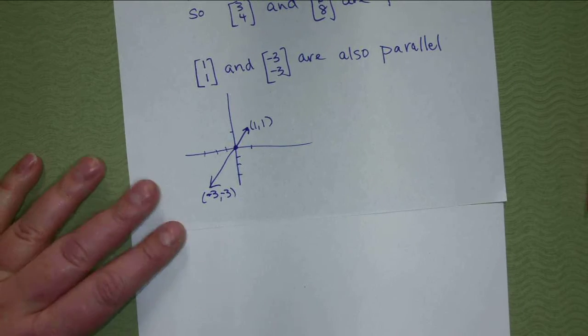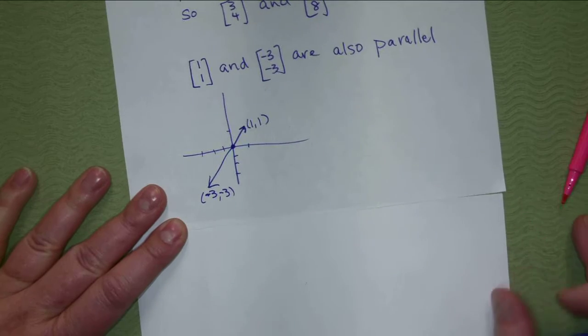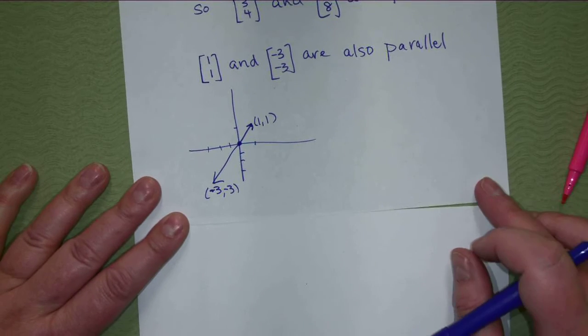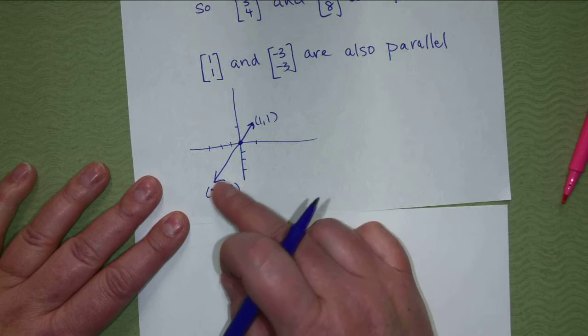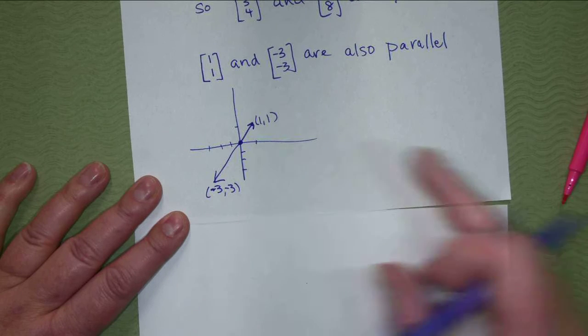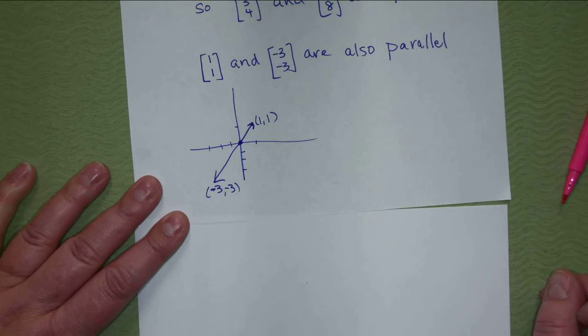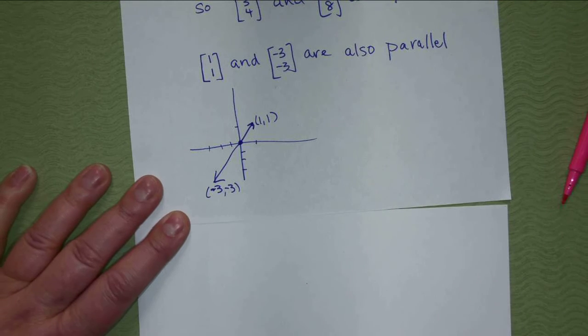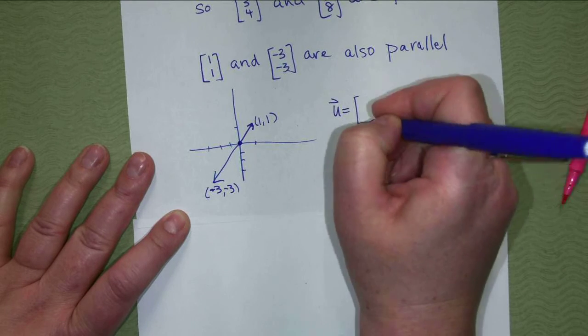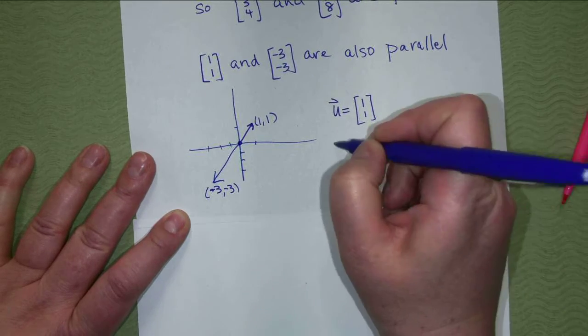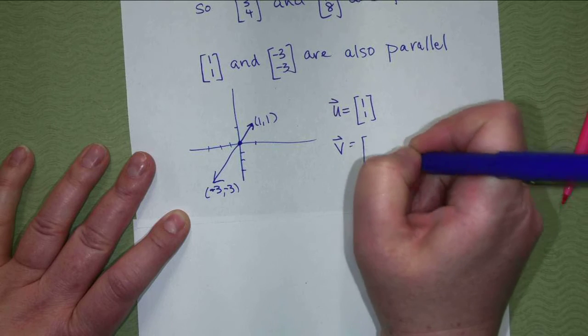What if we found the length of these two vectors? What would they be in relation to each other? How much longer is this one than that? 3. So let's call u the vector (1, 1), and we'll call v the vector (-3, -3).